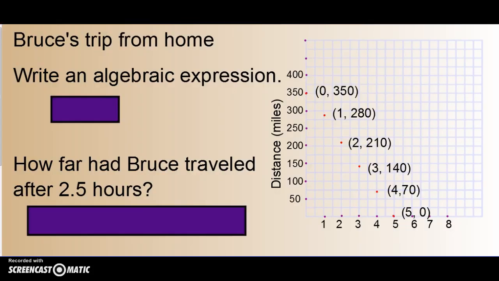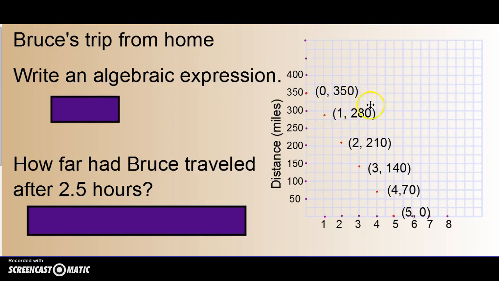All right, Bruce's trip home. So notice this time our graph is descending. Here it is in a straight line, so we're assuming he went the same speed the whole time. Before he left for home, you would say he had 350 miles to go. After the first hour, he only had 280 miles left to go.